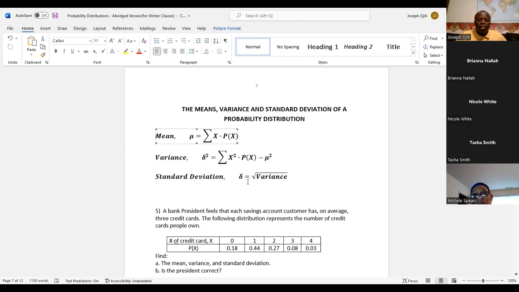The standard deviation, which has the symbol sigma, is the square root of the variance. So let us look at how we can apply these formulas.